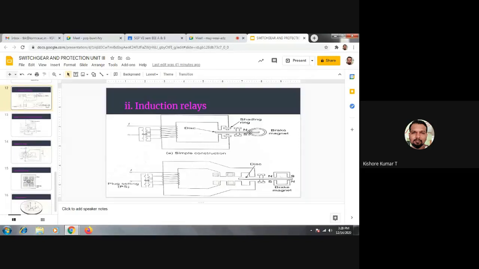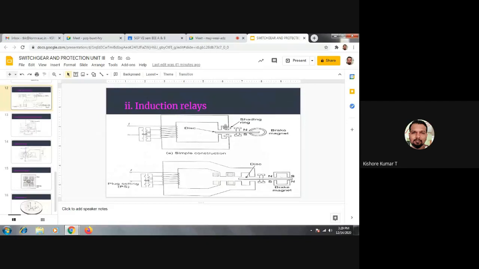Whenever this relay coil carries current, this current will set up a magnetic field at the top and bottom, and that magnetic field is an alternating magnetic field. So initially the disk is at a stationary position.